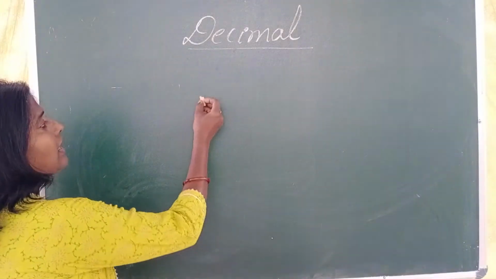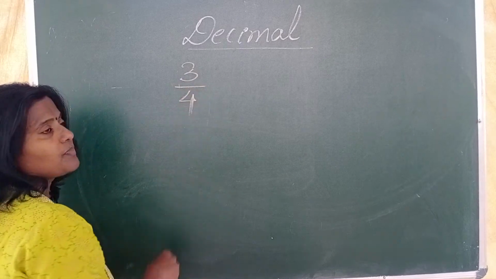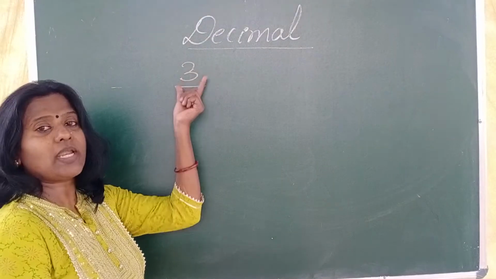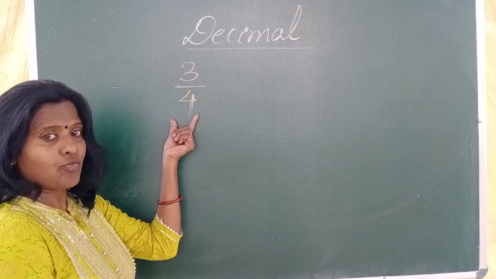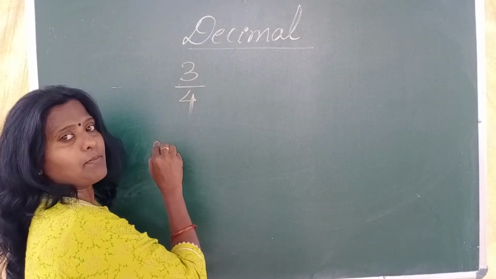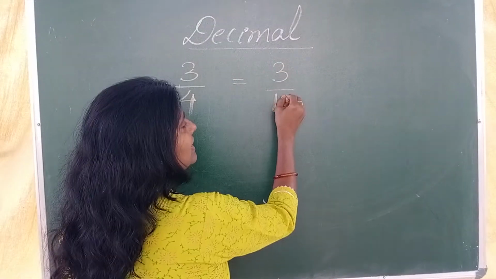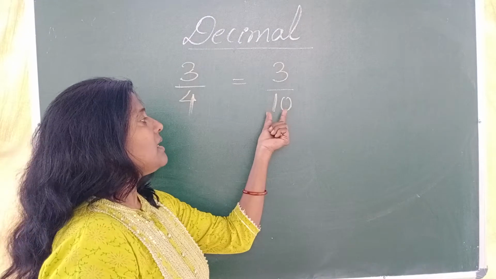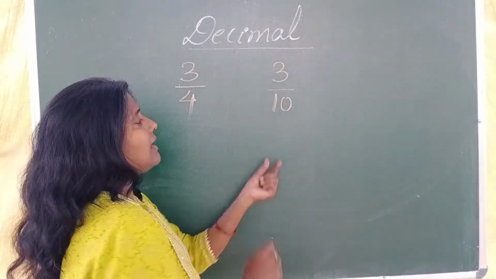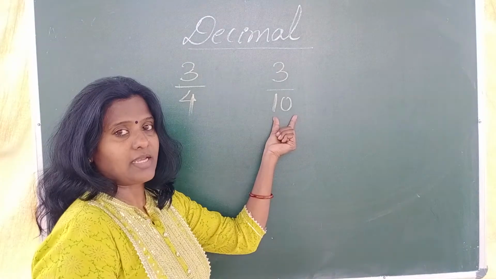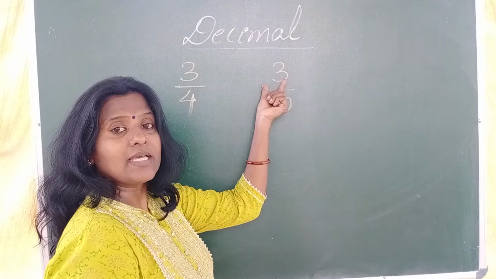See here. If I write 3 by 4, 3 is the numerator, 4 is the denominator. If I write 3 by 10, it is not the same number. Now the denominator is 10 and the numerator is 3.